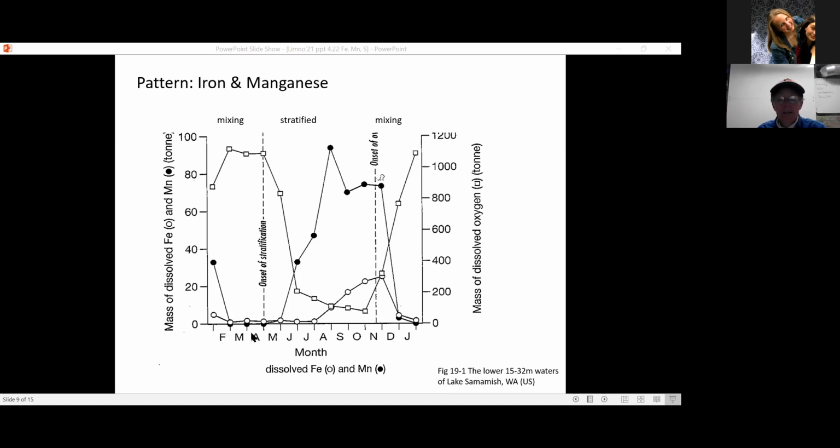And the fact that the iron and the manganese are coming into solution, dissolving out of the sediment into the water, indicates that at least the sediment surface is anoxic. In this particular diagram, this is not showing the oxygen concentration at the very bottom of the lake.